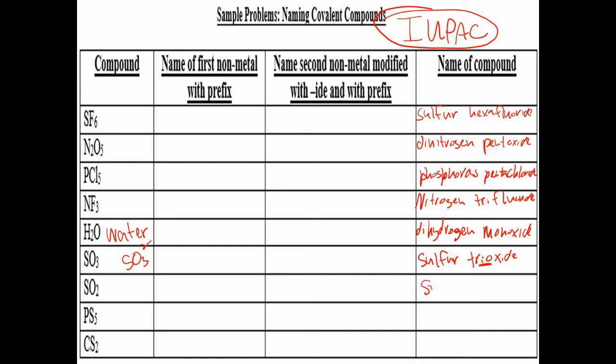Here we have sulfur dioxide. Here we have phosphorus, and then pentasulfide. And then here we have carbon disulfide.